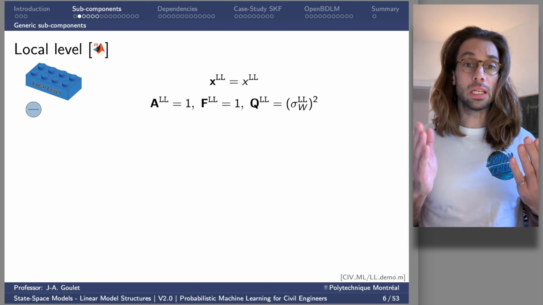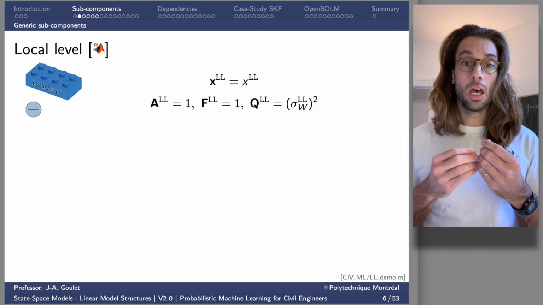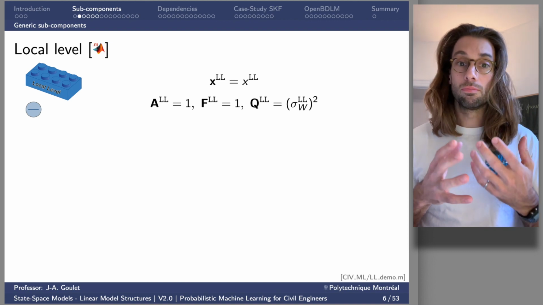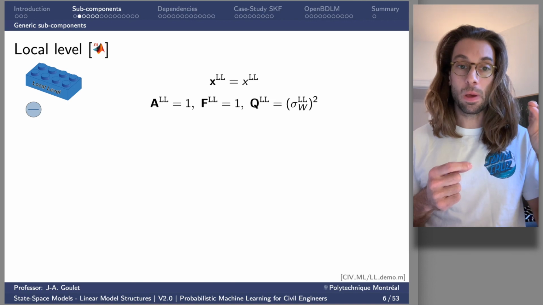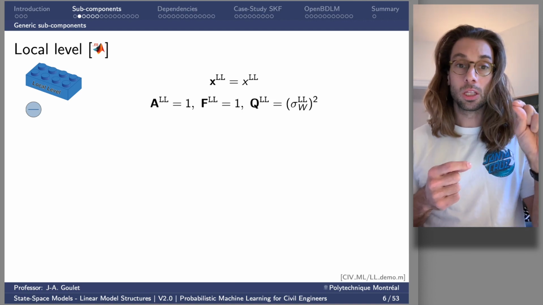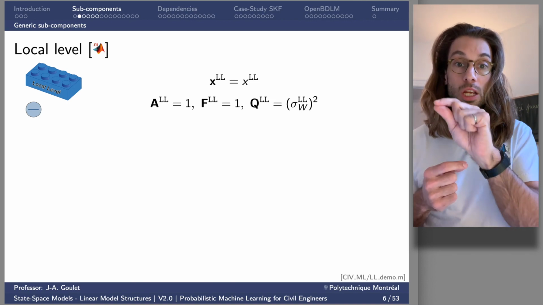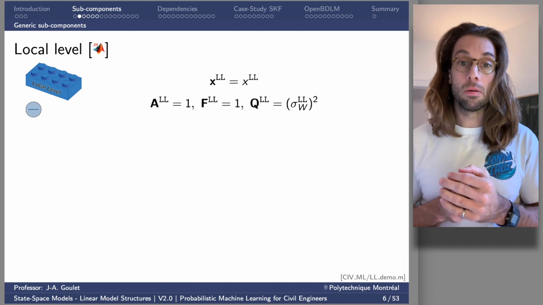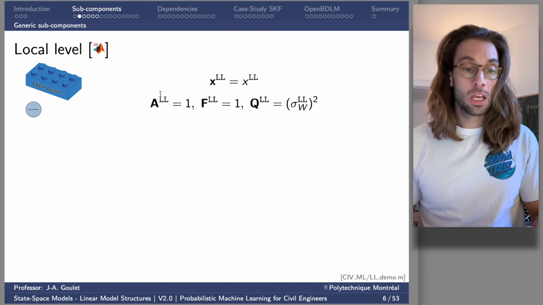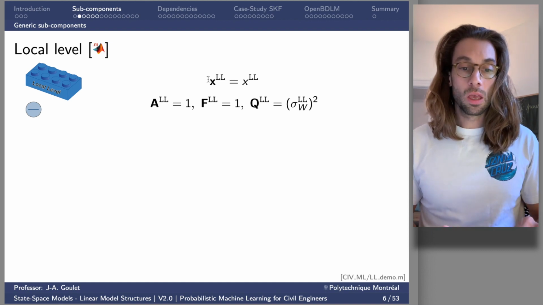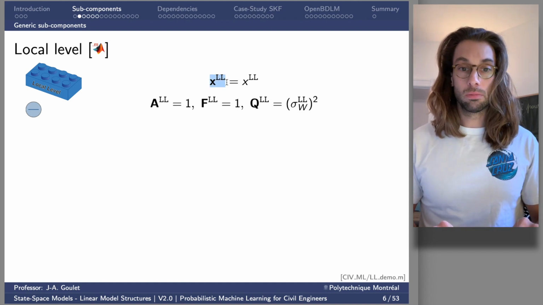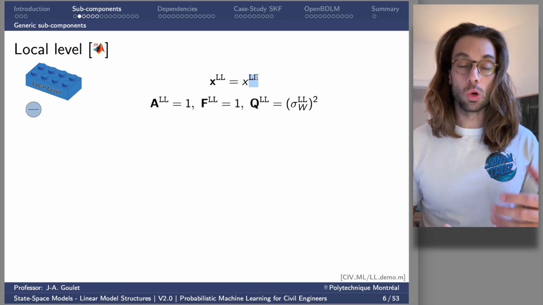The local level is there to represent the dynamic that is locally constant over time, meaning that I expect the behavior to be constant, except for the perturbation that could come from the process error. In that case, if I want to use a local level block, I'm going to have a single hidden state, with a subscript LL for local level.